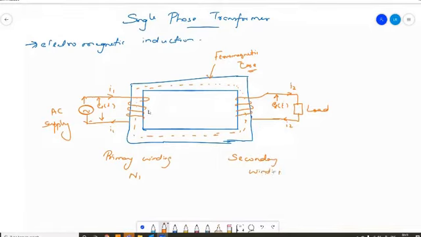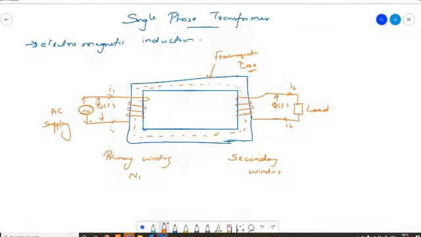Okay. So now this primary winding and the secondary winding are not electrically connected. If you look at this, there is no electrical connection between this primary winding and the secondary winding. So how is it coupled? It is actually magnetically coupled with the help of this magnetic flux that is generated. Okay.